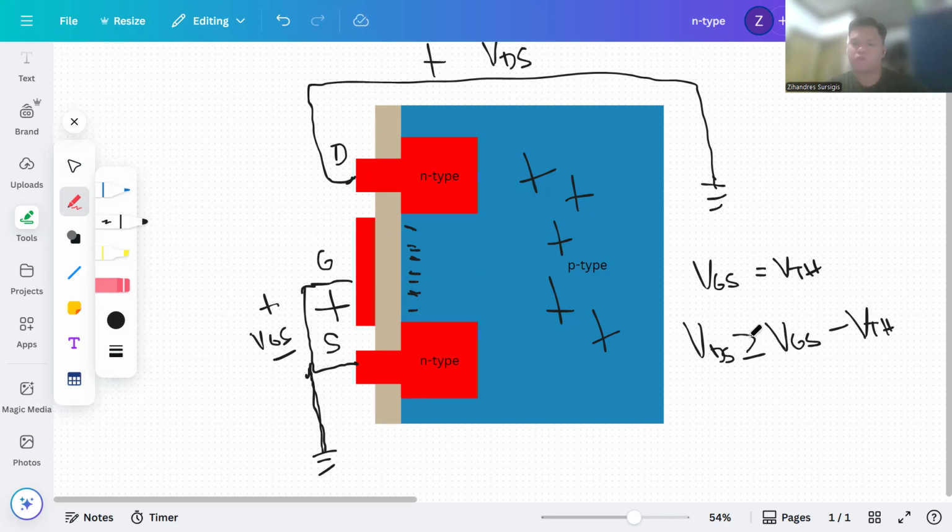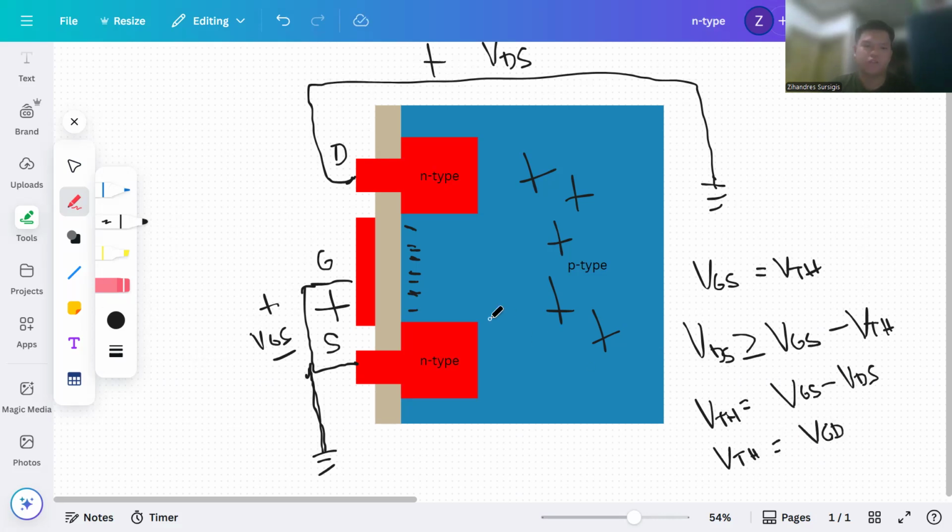So if VDS is equal to VGS minus VTH, what actually happens is, when we manipulate the equation, VTH is equal to VGS minus VDS, or effectively, VTH is equal to VGD.